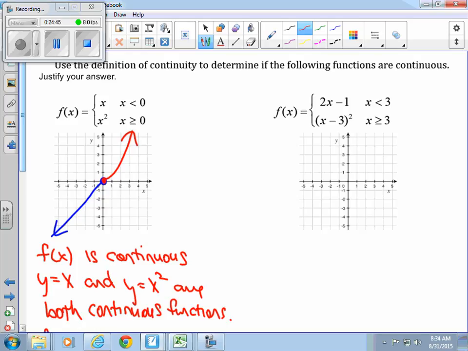You get 5. Put 3 into 2x minus 1. As x approaches 3, 2x minus 1 approaches 5. Open circle. So even if I didn't know what this looked like, now I do. It looks like that.